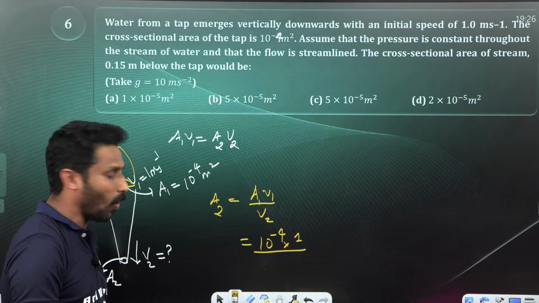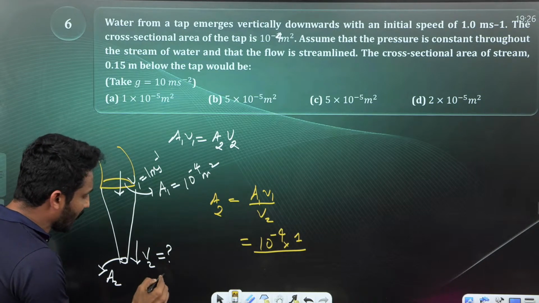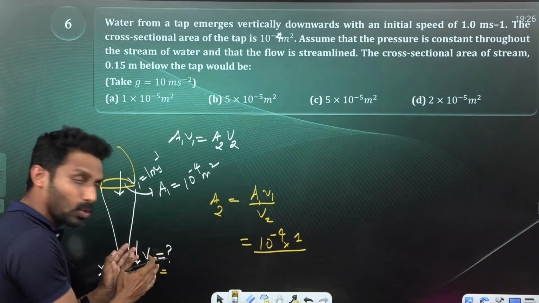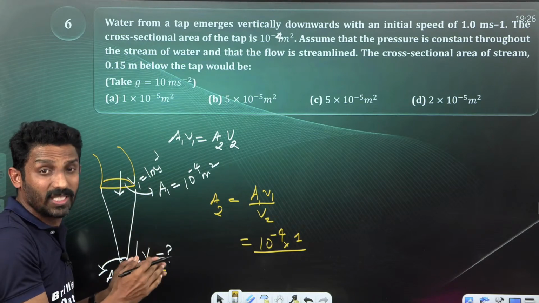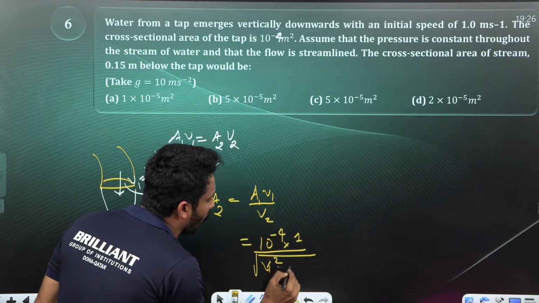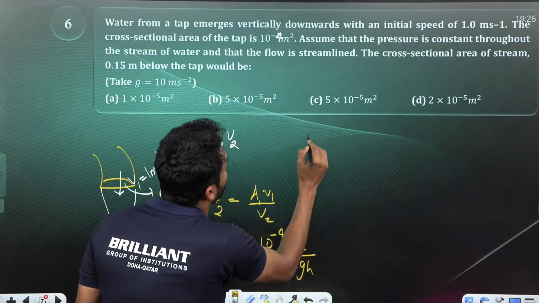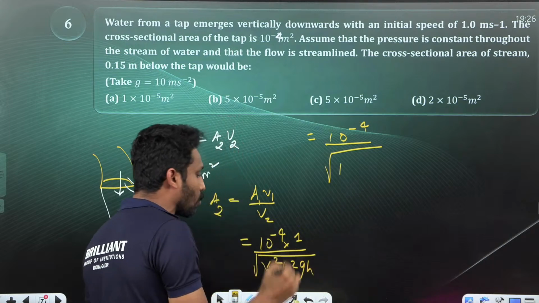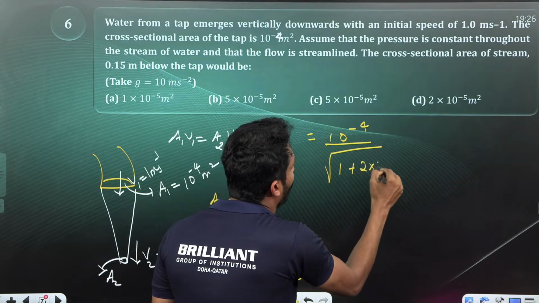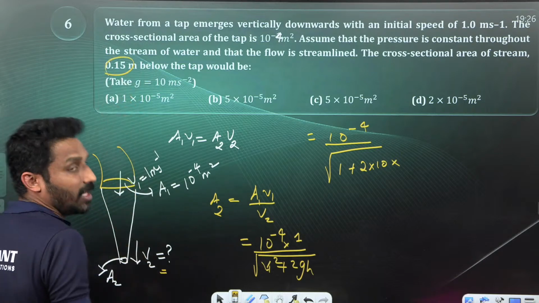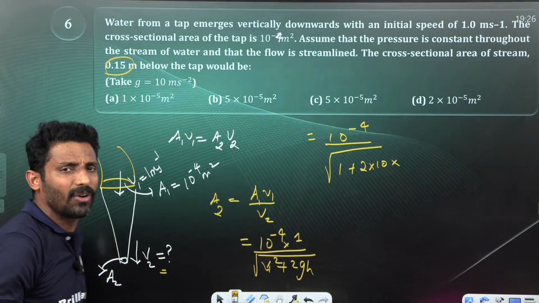Then what is V2? From the equation of kinematics, V2 square is equal to V1 square plus 2gh. Then V2 is root of V1 square plus 2gh. So this is equal to 10 raised to minus 4 divided by root of V1 square, which is 1, plus 2 into 10 into h. The height given in the question is 0.15 meter, after a depth of 0.15 meter.